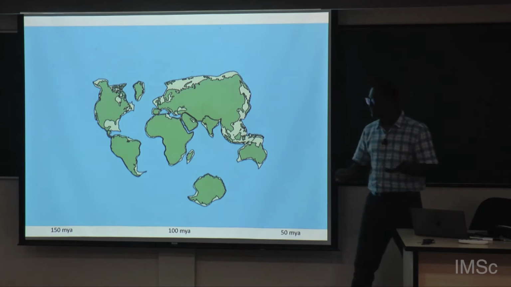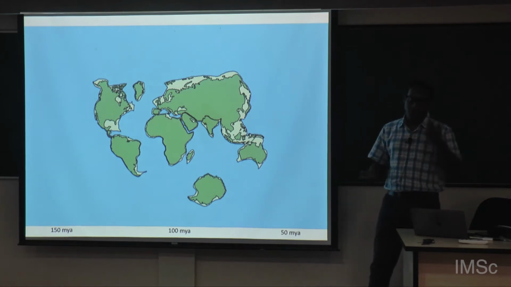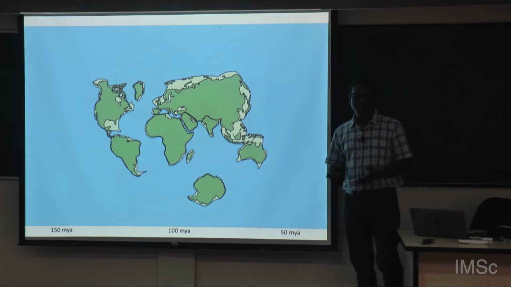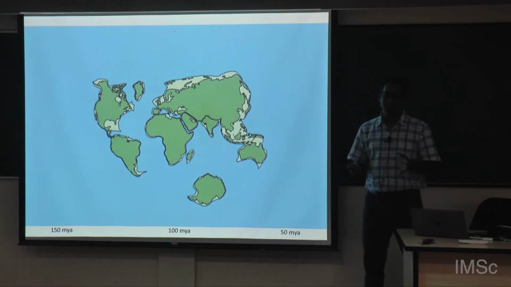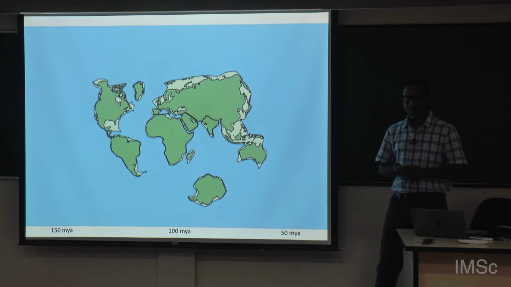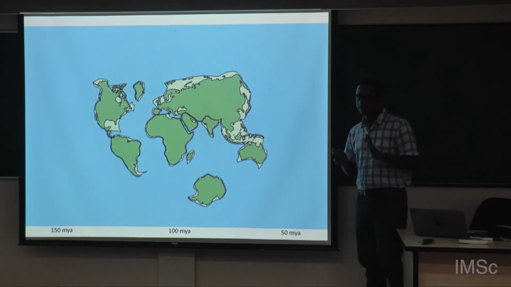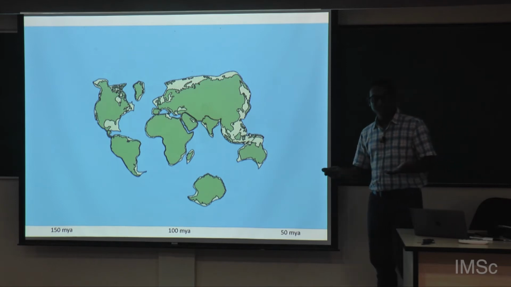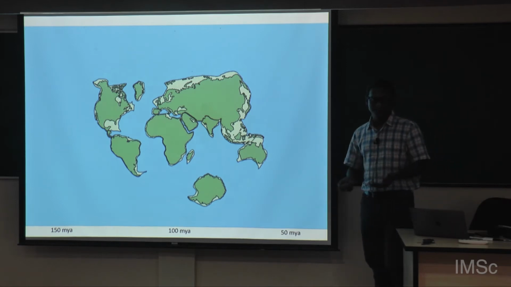And the point is that these are very old mountains. The passerines, the modern birds, got to the landscape only about 15 to 20 million years back. So the mountains were already in place when these birds got here.